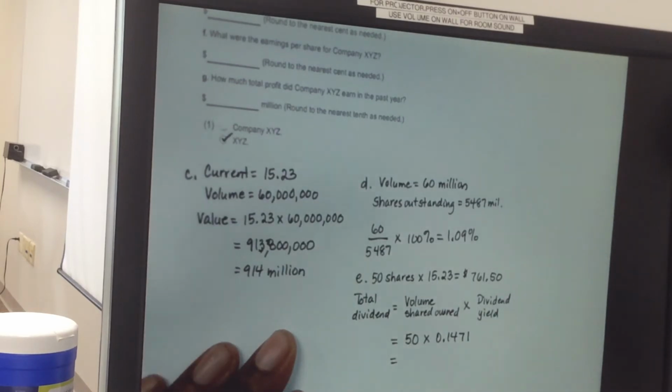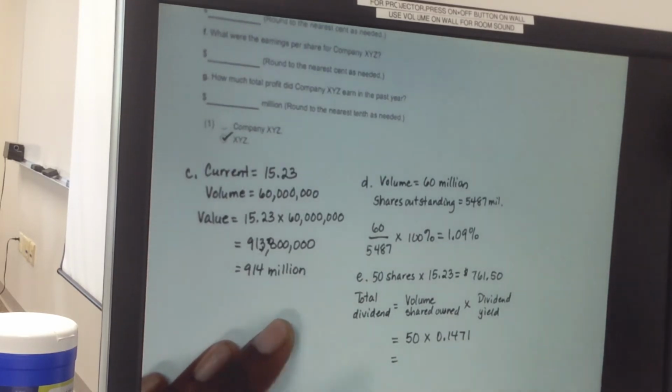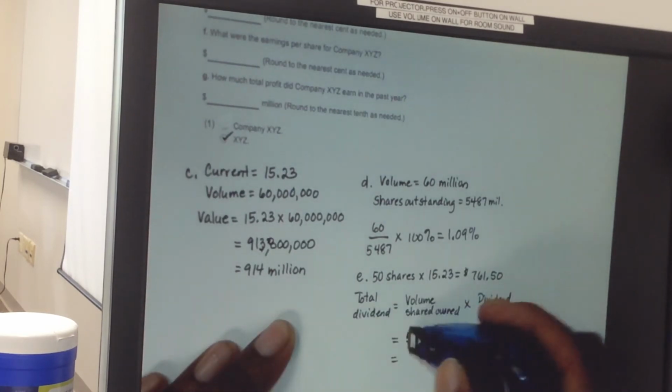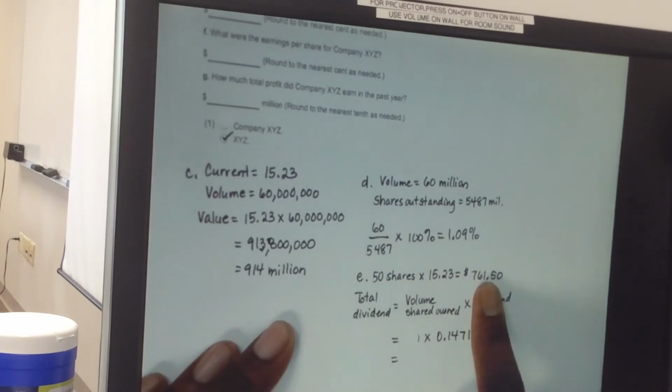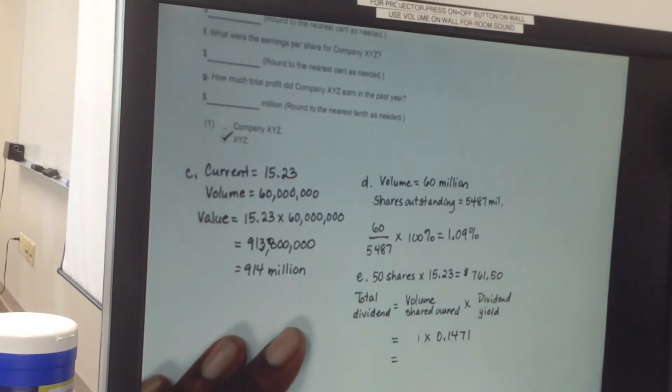Multiply that by 50, it's the amount of the volume of shares that you own. That's 761.50.